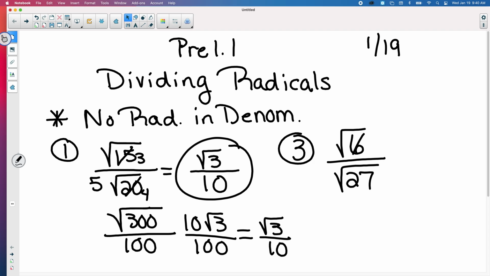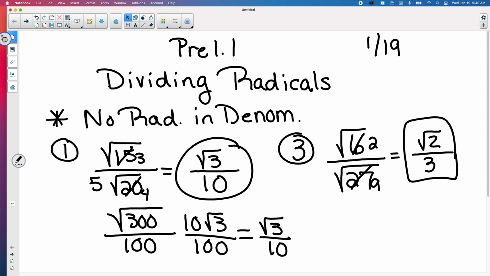So if I divide those both by 3, I get radical 2 on top, and on bottom I would get radical 9. What is the square root of 9? 3. Alright, so that simplifies to radical 2 over 3, and so then you would be done. Since you don't have a radical on bottom and radical 2 doesn't simplify, you wouldn't have to do anything else.